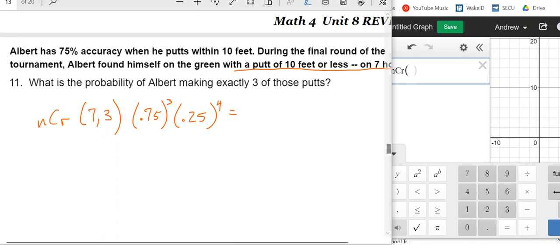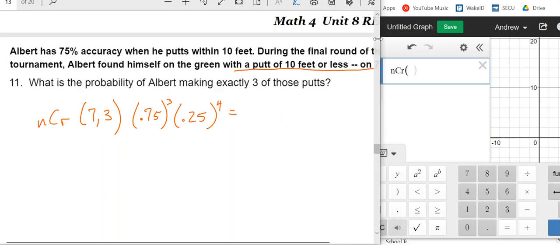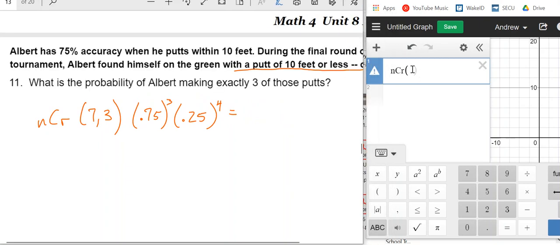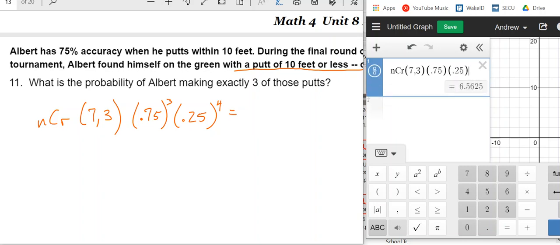Desmos. Now I'm going to try and do the split screen here. Yeah, we can do the split screen here. And so you have 7, 3, and then 0.75, and then 0.25. And then we'll go back in and add the exponents. That is to the third power.